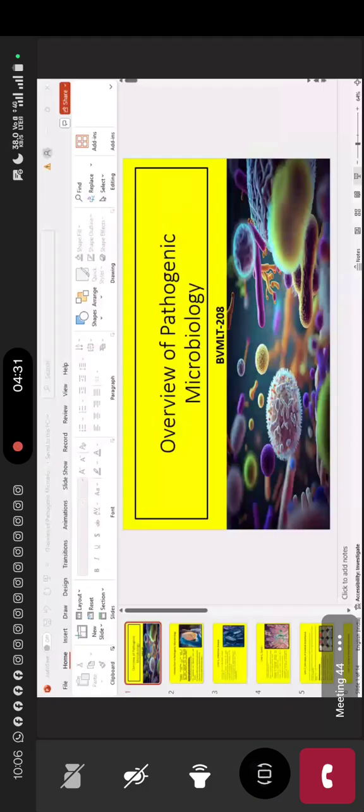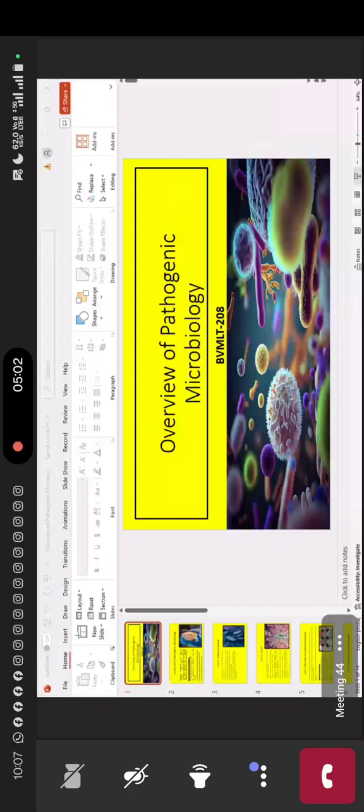To develop treatments and vaccines, we need microbiology. To give prevention and control against infectious disease, we need pathogenic microbiology. And also to improve the health of the public and for the safety concerns of the population, we need pathogenic microbiology. So basically it is the branch of science which deals with the safety, prevention and treatment of humans.